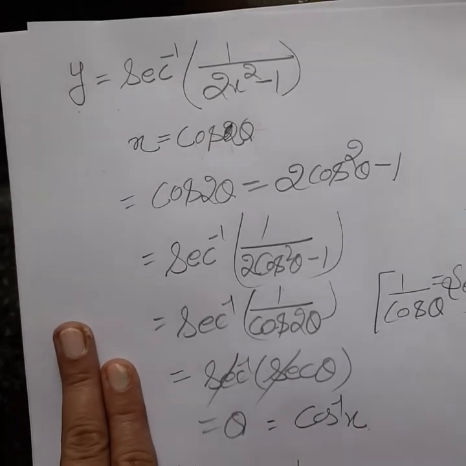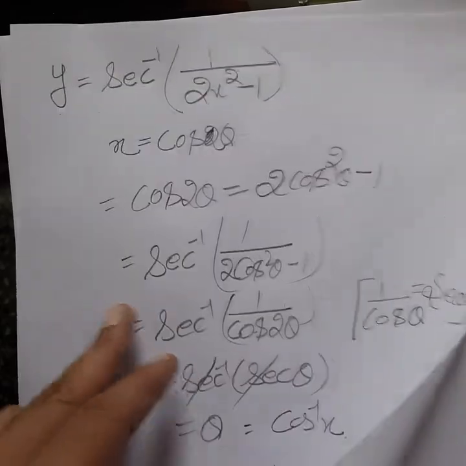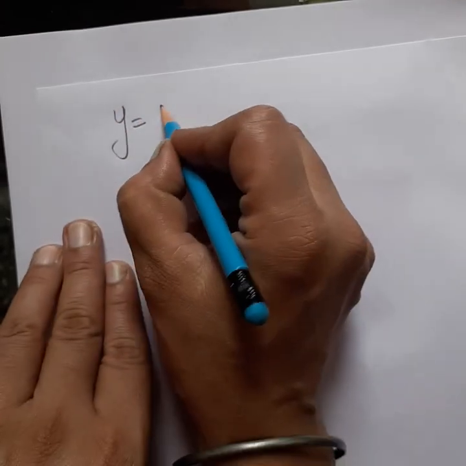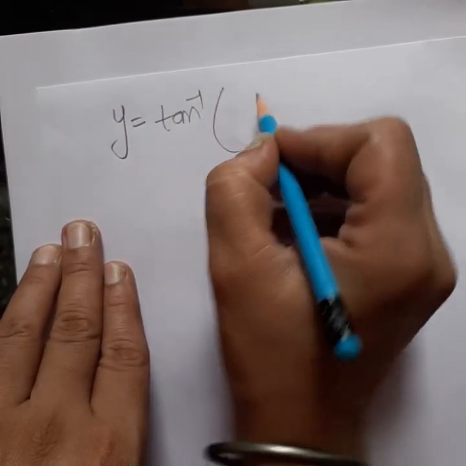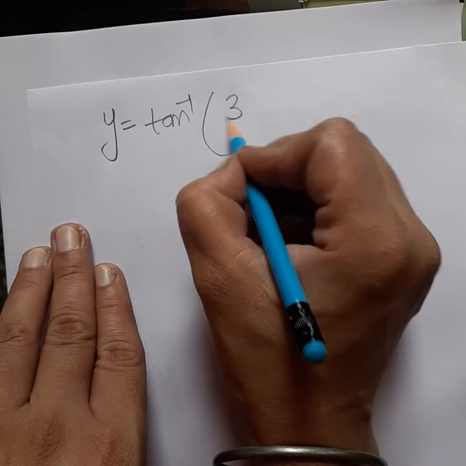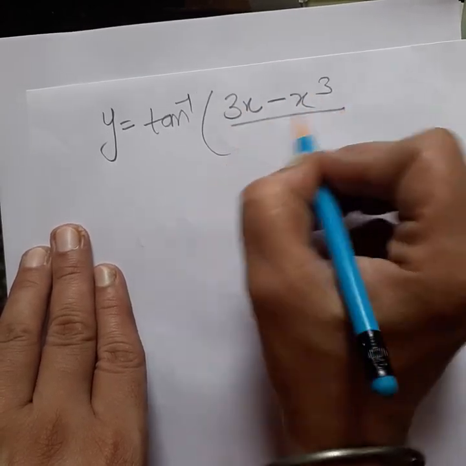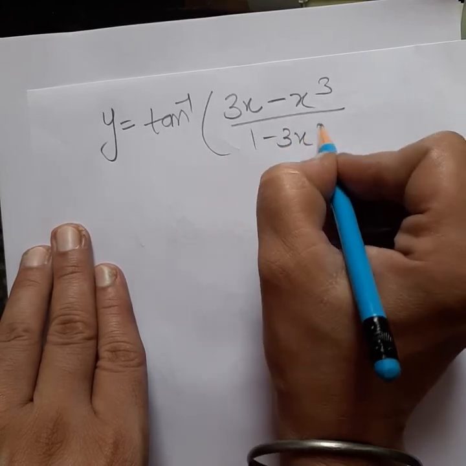Okay, now our next question is that suppose we take tan inverse of 3x minus x cube upon 1 minus 3x square.